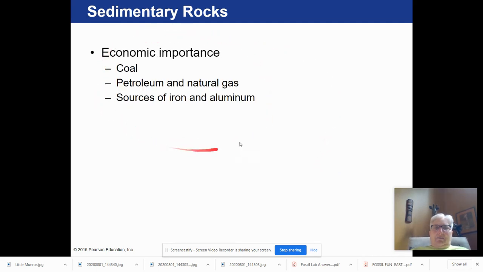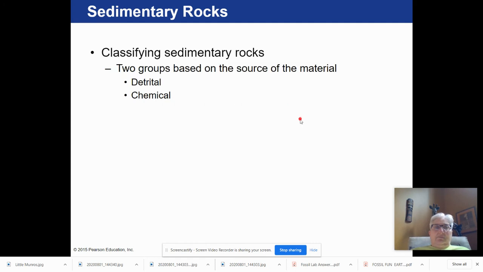And then our sedimentary rocks are the second type, and this is where we would find our fossil fuels: coal, oil, natural gas, because they are the product of buried plant material that has been covered with sediment, which eventually becomes more rock-like over time.